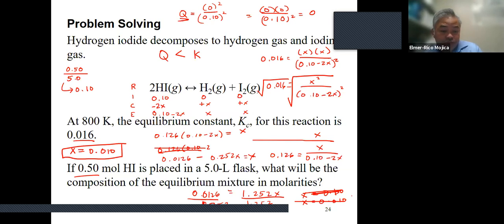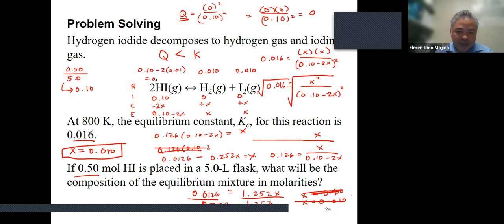Now, we're not done yet. What we did here is just the x value. We need to get the concentration of each of them. But as you can see here, this is an x, this is an x. So we could say the concentration of both the H2 and I2 are the same as x. And this one would be 0.1 minus 2 times 0.01.